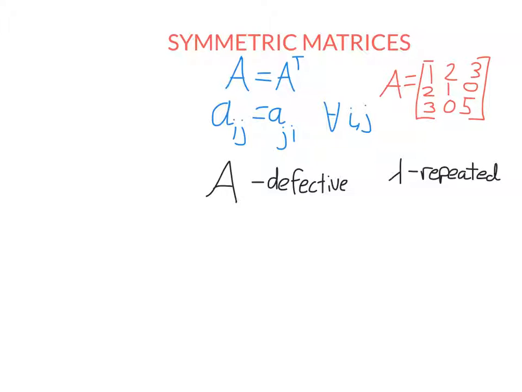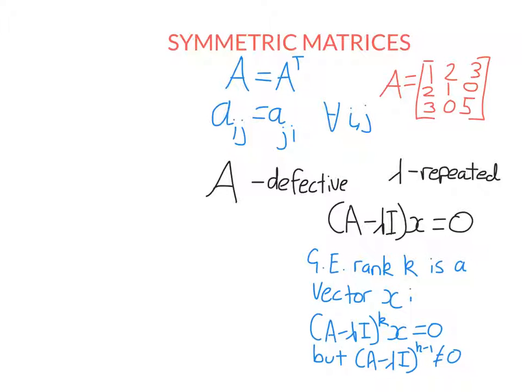But remember, a vector x was called an eigenvector if A minus lambda I multiplied by x gave the 0 vector. It turns out, though, when a matrix is defective, you can find some other vectors that are, if you like, almost eigenvectors.